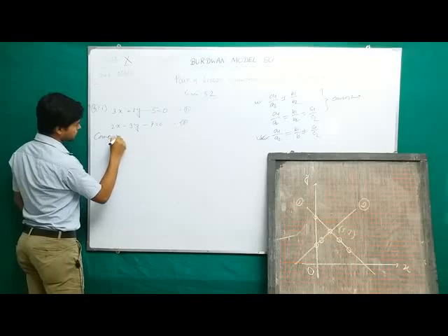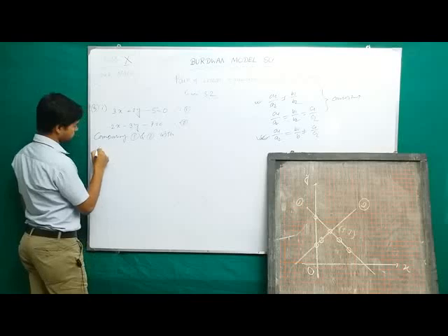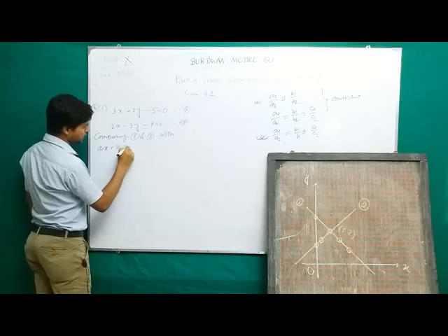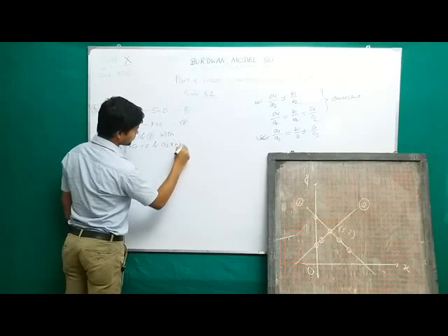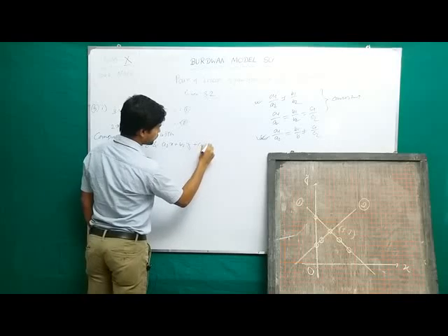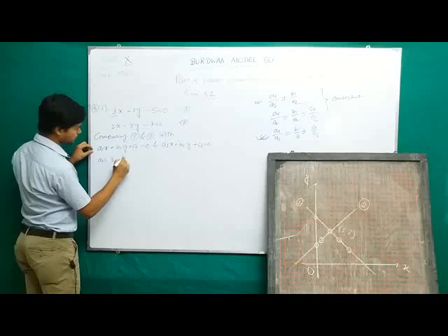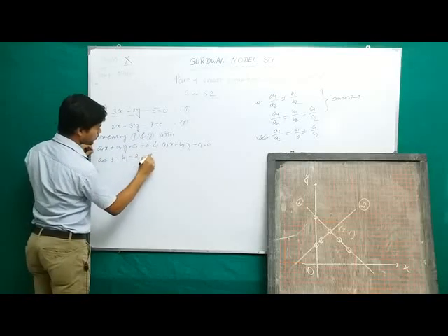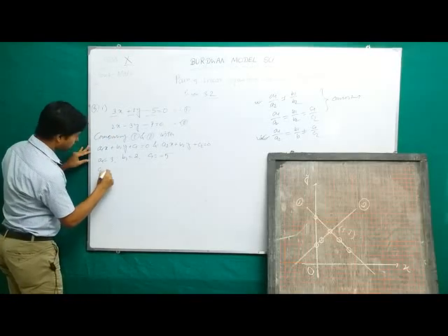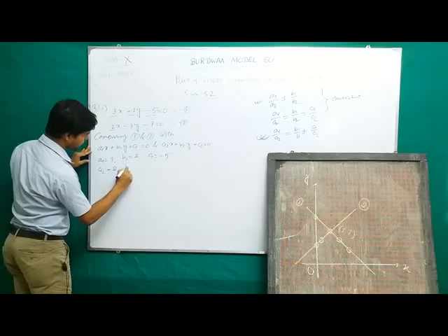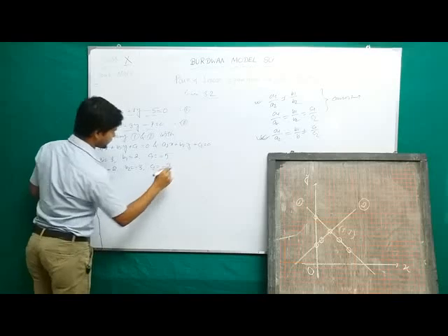Comparing 1 and 2 with a1x plus b1y plus c1 equal to 0 and a2x plus b2y plus c2 equal to 0, we have a1 is equal to 3, b1 is equal to 2 and c1 is equal to minus 5, and a2 is equal to 2, b2 is equal to minus 3 and c2 is equal to minus 7.